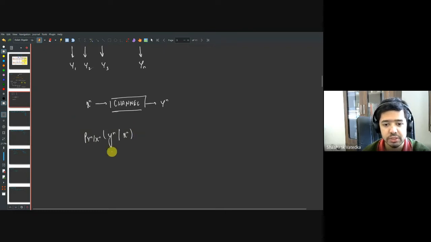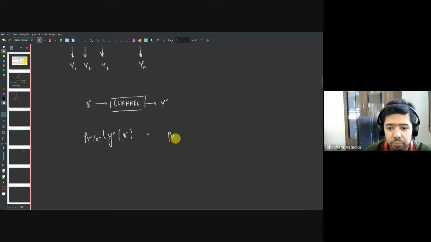And the assumption that we will make is that this conditional distribution of yn given xn is IID conditioned on xn. So it has this particular form.